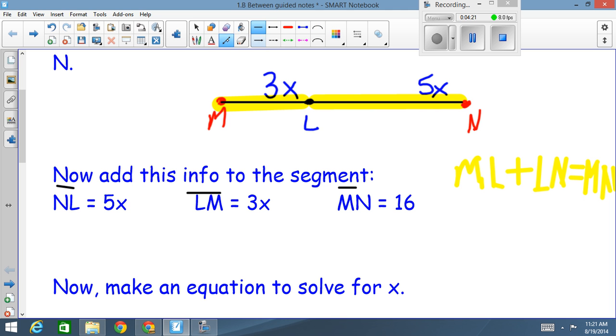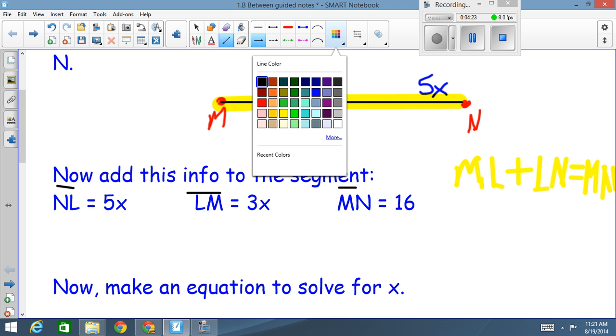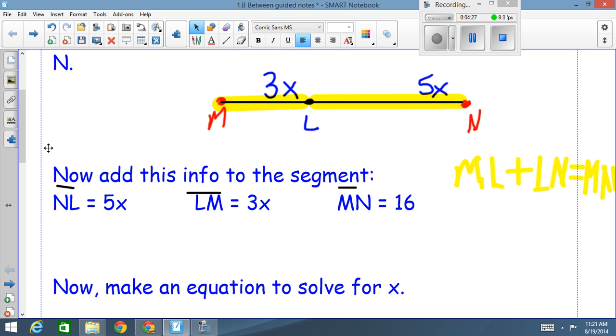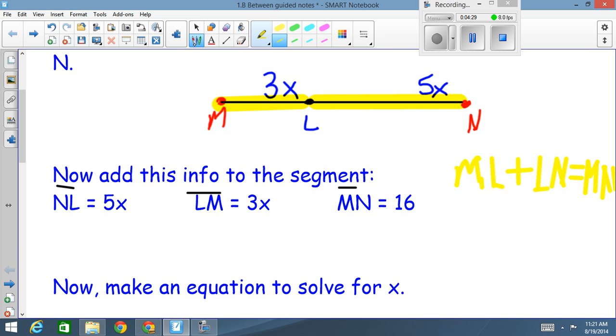So now when I look at this and I say, okay, let me get the right pen color here.